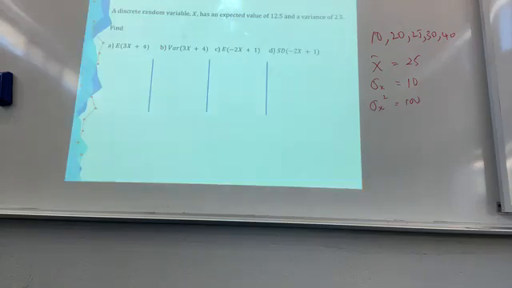Now, let's go on to the next bit. Can you try this, please? So, if I've got a random variable x with an expected value of 12.5 and variance of 2.5, can you find the expected value of E(y), where y is 3x plus 4?